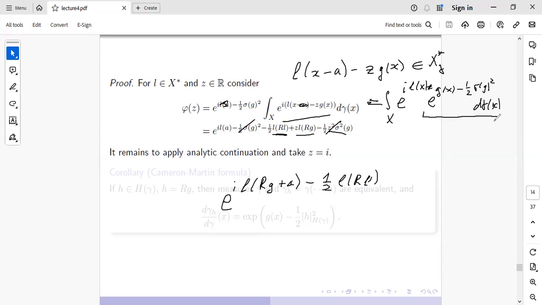And this is a Gaussian measure, and we computed the mean and covariance operator.